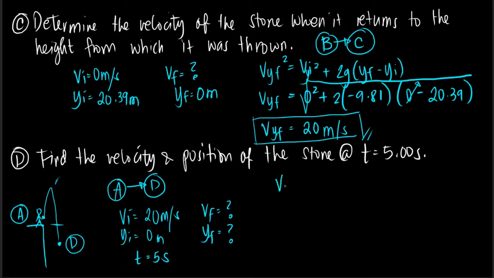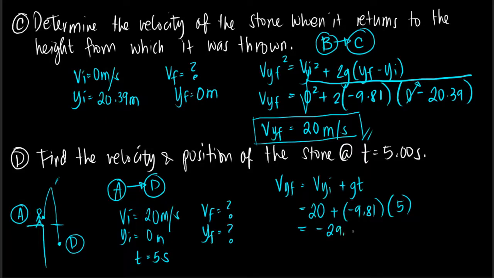We know that Vy of f is equal to Vy of i plus Gt. Okay. So, Vy of f is equal to Vy of i, which is 20, plus negative 9.81 meters per second squared and time, which was 5 seconds. Put that in your calculators and you should get negative 29.05 meters per second.